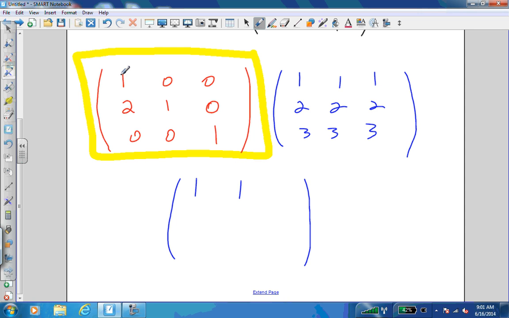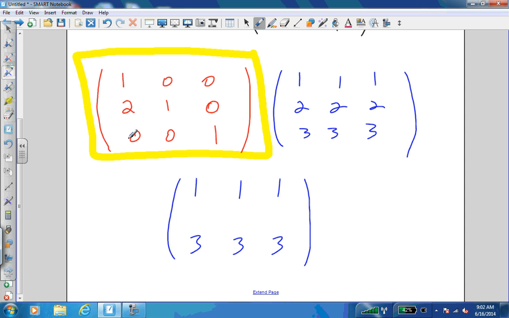Having a 1 in the first row, first column, that's only multiplying by the first row, so that's not changing the first row at all. Same for the third. If we take the third row, we're going to multiply times the first column, so we get zeros, zeros, and a 3.